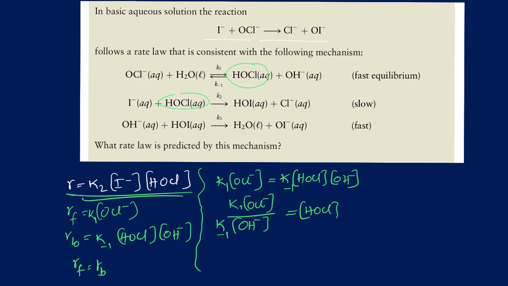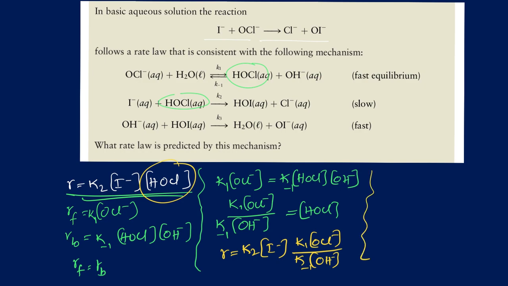Now we can put this into the first equation. What is the first equation? Rate is equal to K2 [I minus] concentration. In place of HOCl we can write K1 [OCl minus] divided by K minus 1 [OH minus]. Now all these are constants, called the overall rate constant.